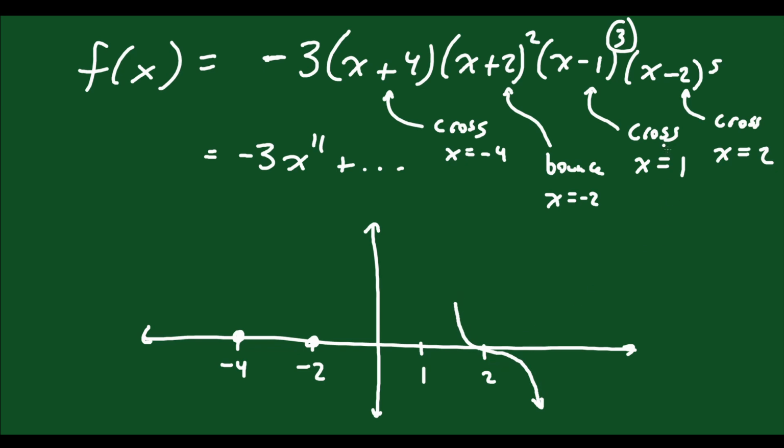It's going to cross at 1, and it's going to do the same thing, so you got to fit this in like that, so it does another little wiggle there. And then it's going to bounce at negative 2, so it's going to come up to negative 2 and bounce off like that. And then it's going to cross at negative 4 just the way things normally do. So it's just going to go like that.